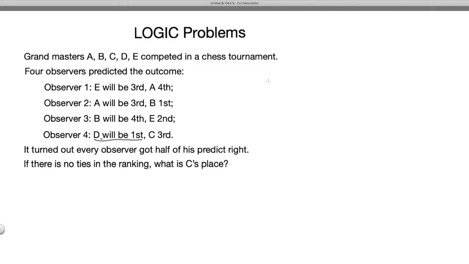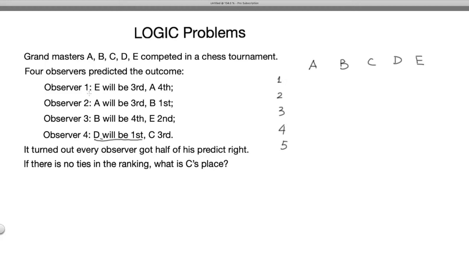And again, it's very useful to keep a table of the actual true ranking. So here, let's make a table. Ranking 1, 2, 3, 4, 5. And we have 5 players, A, B, C, D, E.